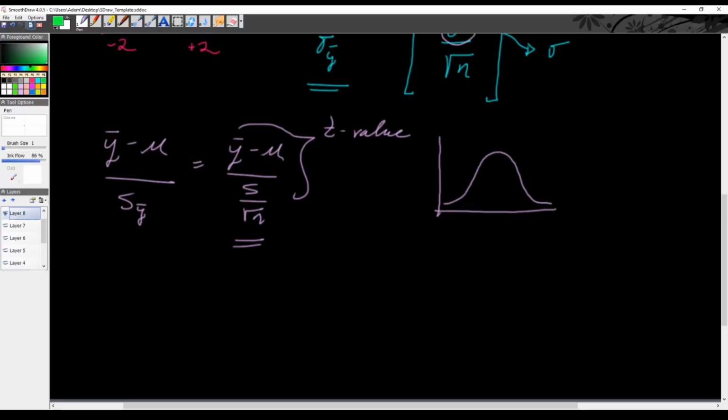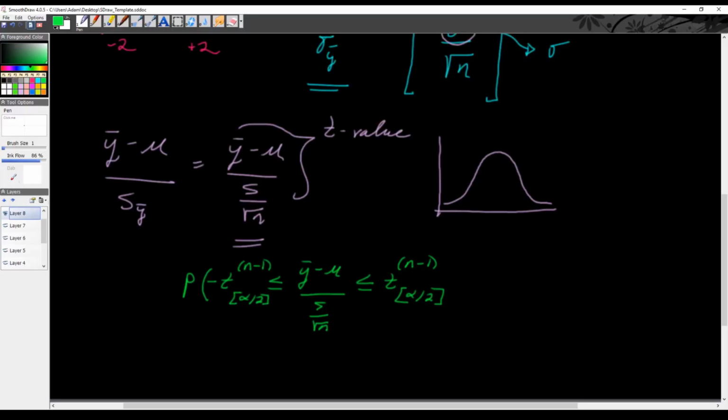This implies that the probability of getting a t value, so y bar minus mu divided by s divided by root n, less than or equal to this critical value associated with a particular alpha level and degrees of freedom, which is greater than or equal to the negative t value associated with that alpha and degrees of freedom.